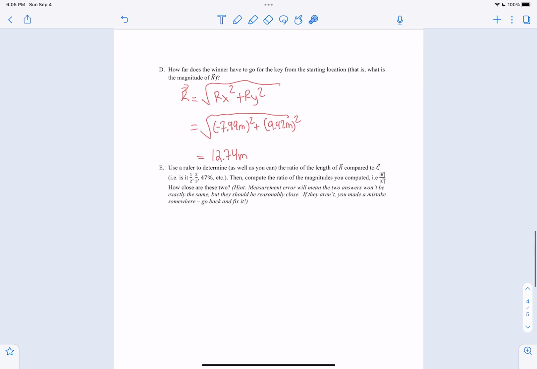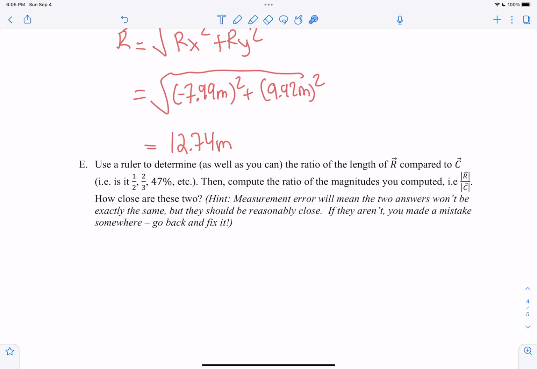So this one depends on what kind of environment you have. It just says use a ruler to determine.